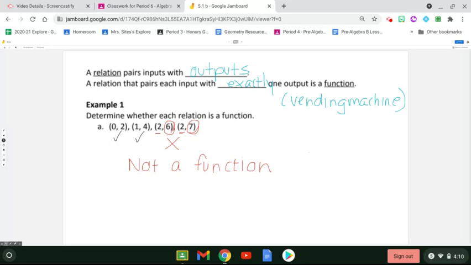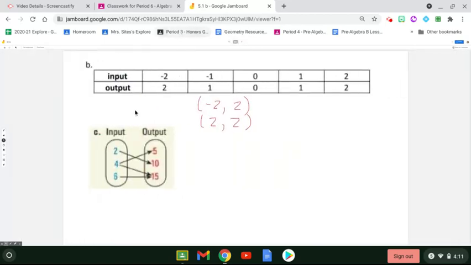When we look at this situation, like at 2, 6 and 2, 7, we pushed the input of 2 and we had an outcome of 6 and we had an outcome of 7. Okay, so we pushed the input of 2 and we had 2 different outcomes. So basically, we're looking to see if we have a multiple value listed in our inputs, because if we have the multiple value listed in our input, we have a problem.